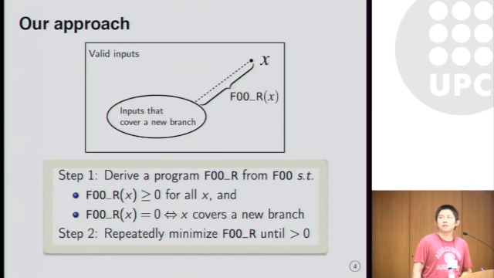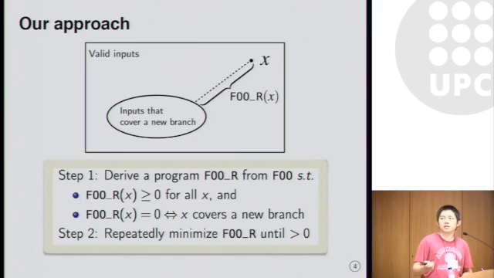This picture gives us a general view of our approach. In order to test a function foo that takes x as its input, we derive another function called foo_r. This generated function has two properties. The first is that for every input of the original program, this function is non-negative, greater than or equal to 0.